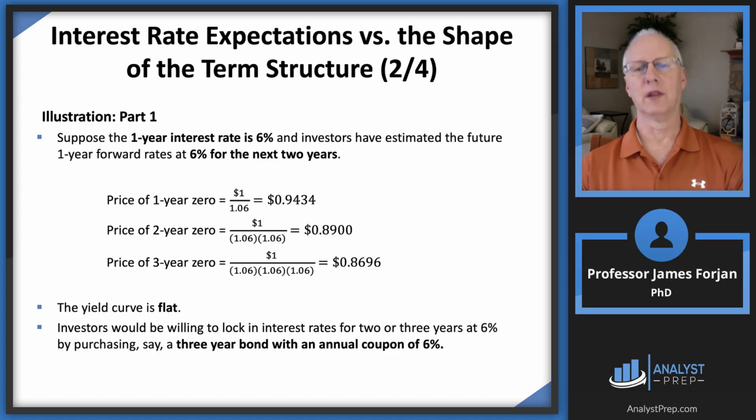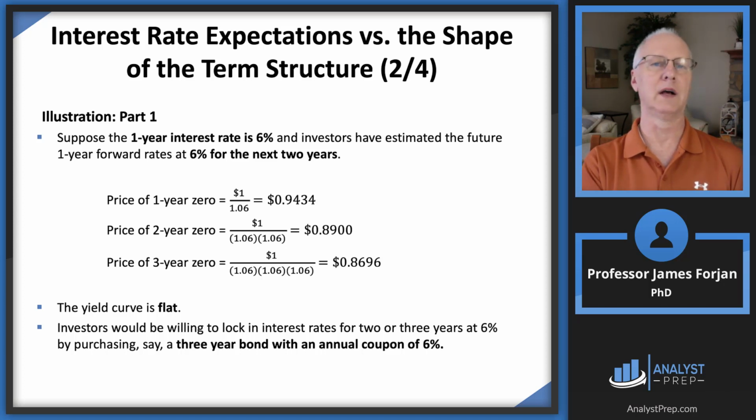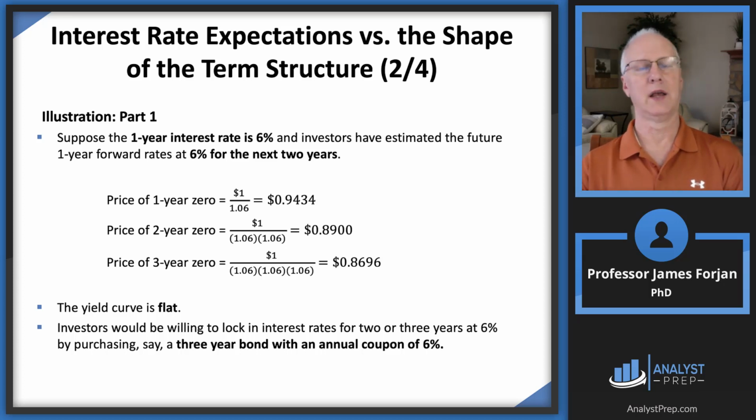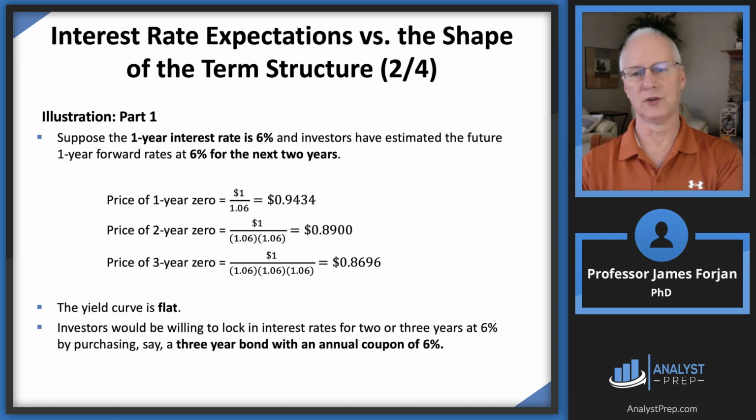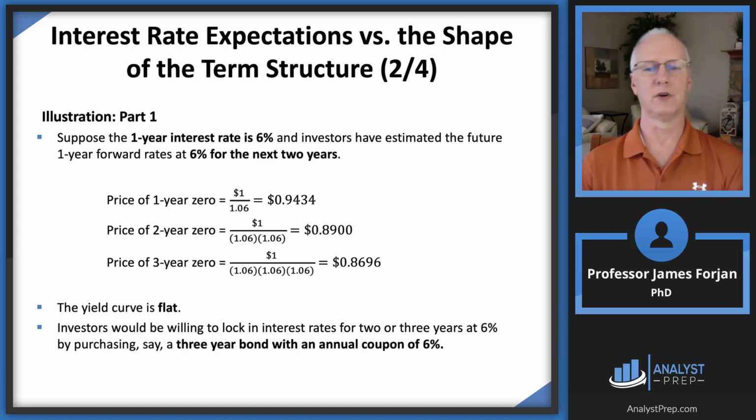Now, the interesting part of this is that, if you have a 3-year investment horizon, you can just buy a series of consecutive 1-year zero coupon bonds, or you can just buy a 3-year zero coupon bond. And because we have this flat yield curve and because we've removed uncertainty, then however much you pay for those things over the course of 3 years, you're still going to have, well, whatever it is that you want in the future.